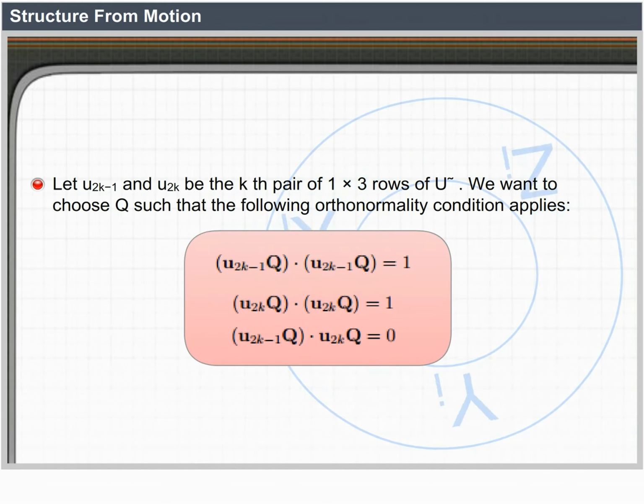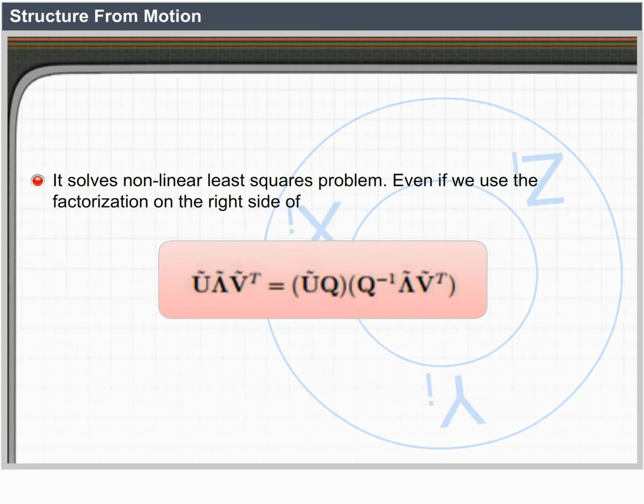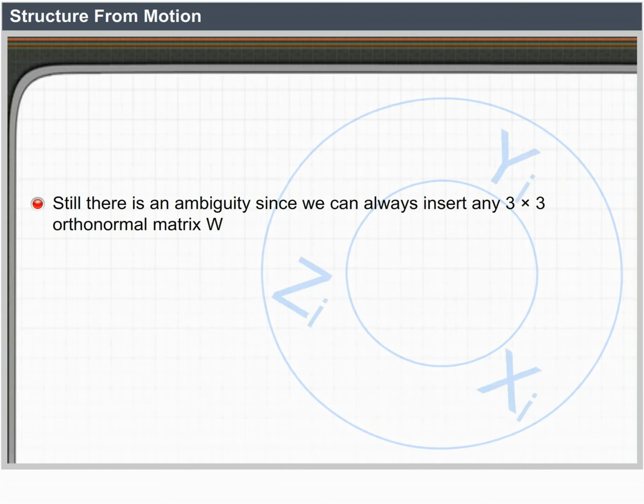It solves the nonlinear least squares problem. Even if we use a factorization on the right side of the equation as shown, there is still an ambiguity since we can always insert any 3 cross 3 orthonormal matrix W in the expression as shown.